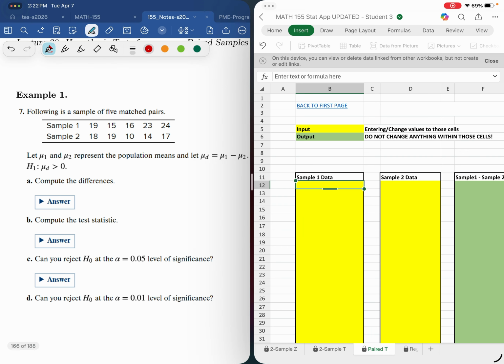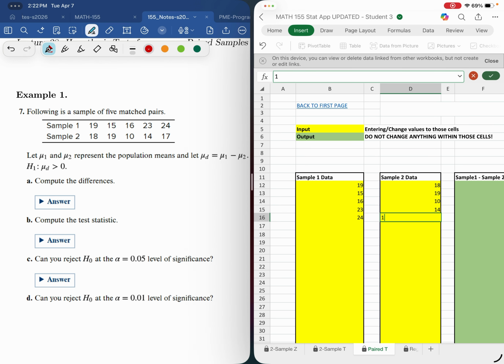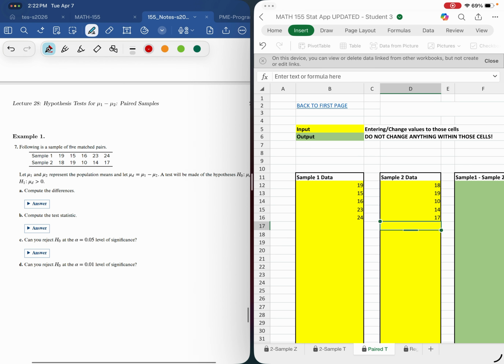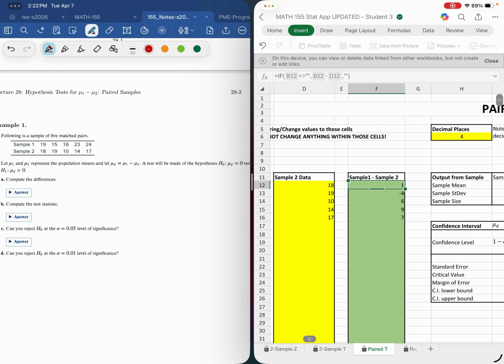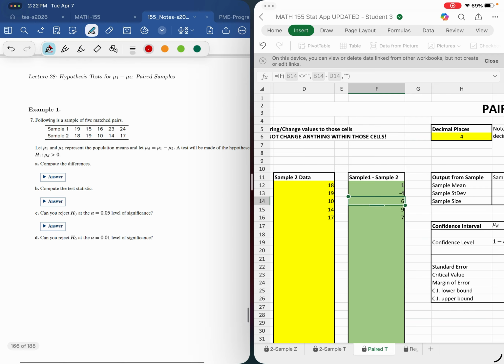We have 19, 15, 16, 23, 24. And then over here, we have 18, 19, 10, 14, and 17. Okay? So we compute the differences. They're right here, etc. Compute the test statistic, and then these various things right here, okay?